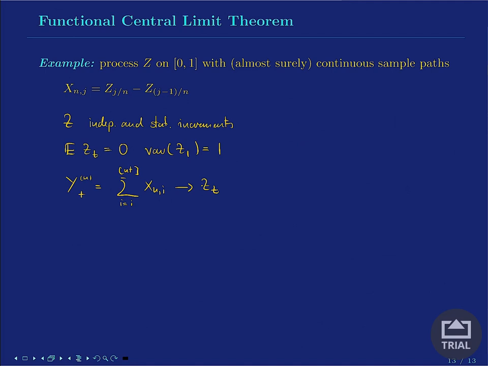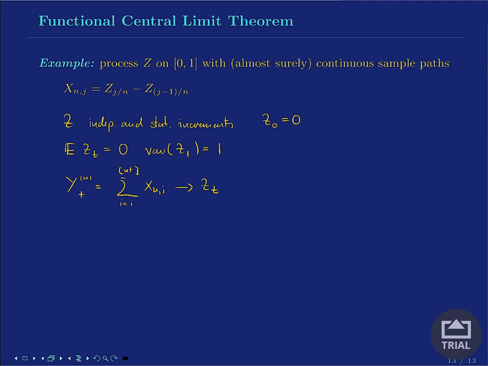Say, assuming additionally Z0 equals 0, starting at 0, and therefore any value at a positive point can be interpreted as an increment, and Zt as well is the increment of the process from time 0 to time t.